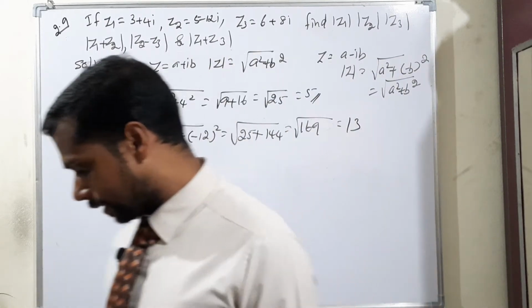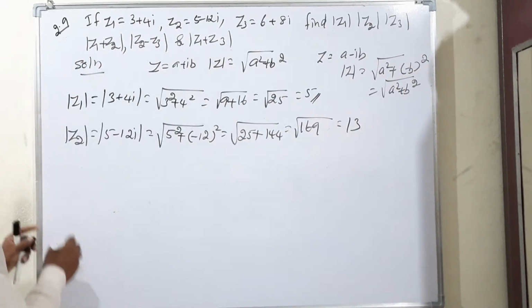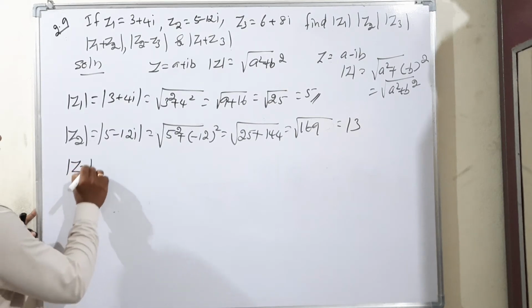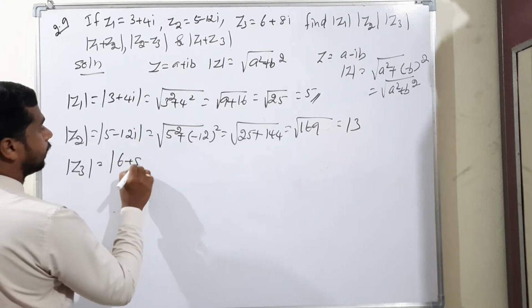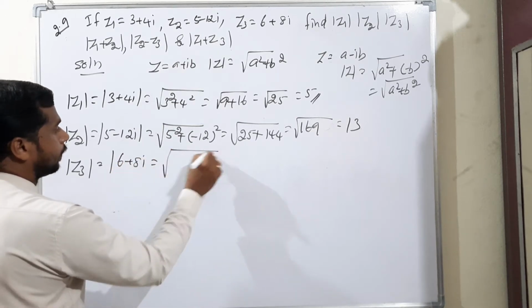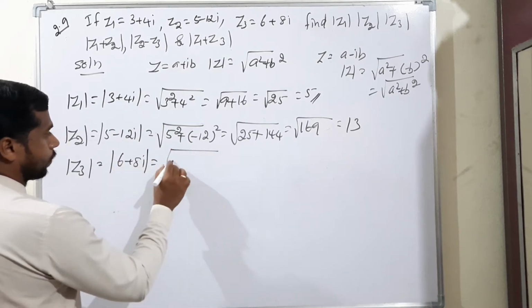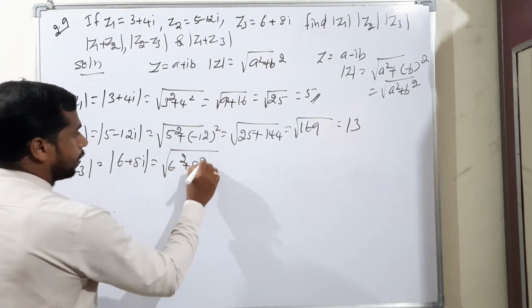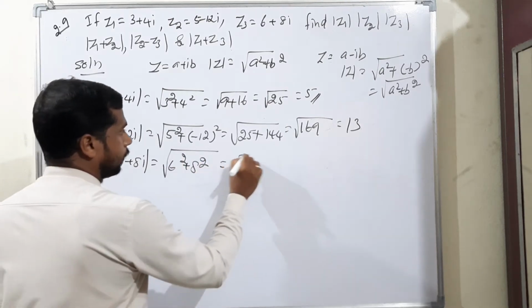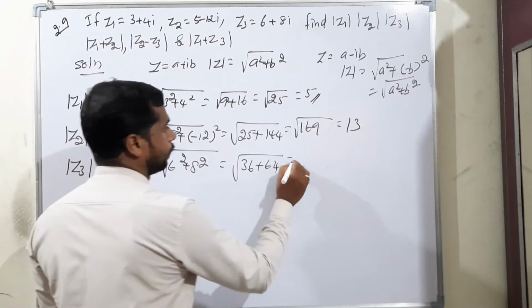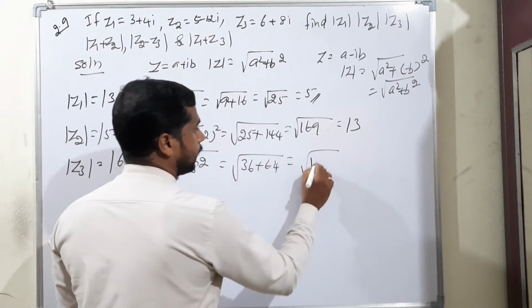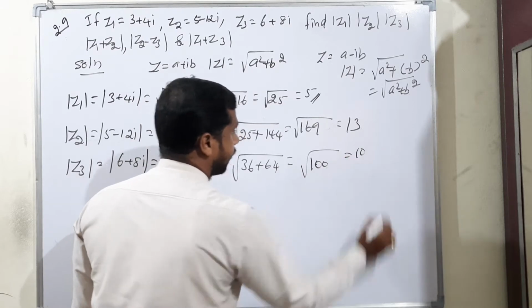Moving to modulus z3. Modulus of z3 is equal to modulus of 6 plus 8i, so 6 square plus 8 square. 6 square means 36, 8 square means 64. 64 plus 36 means 100, so the square root is 10.